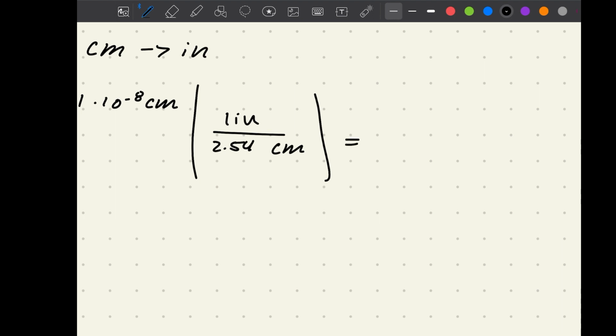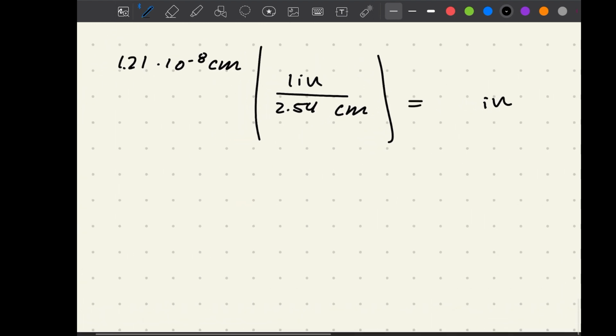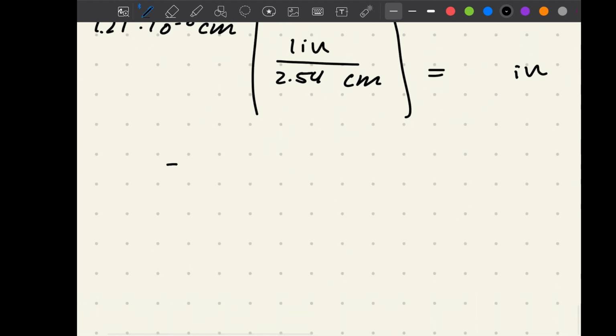Our answer will be in inches. So we will have 1.21 divided by 2.54. So that gives us our answer, 5.00 times 10 to the negative 1, 2, 3, 4, 5, 6, 7, 8, 9.